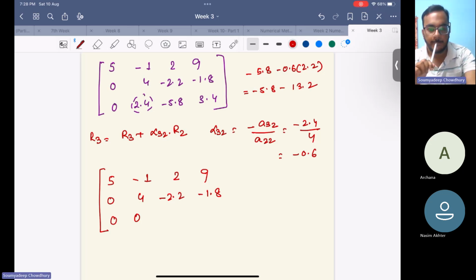One second. Minus 8.8. I'll use the calculator one second. Minus 5.8 plus 13 point. Some calculation mistake I'm doing, I think.